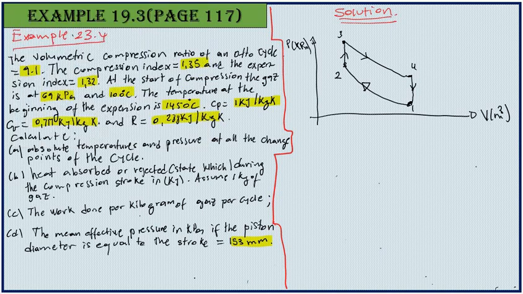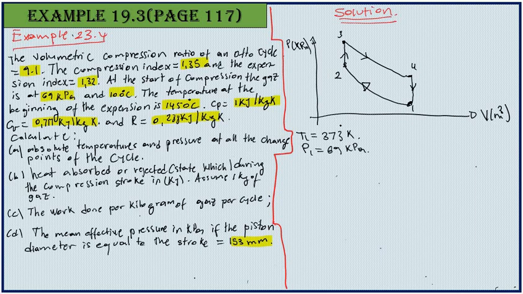So you can say T1 is equal to 100 degrees Celsius, which is equal to 373 Kelvin, and then we have P1, which is equal to 69 kilopascal. So we are fine with point 1.